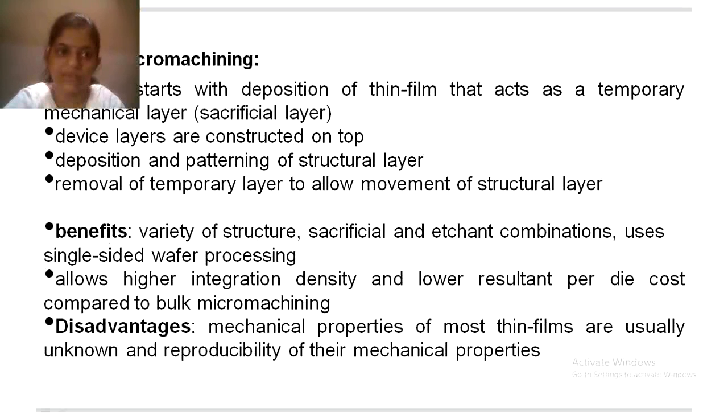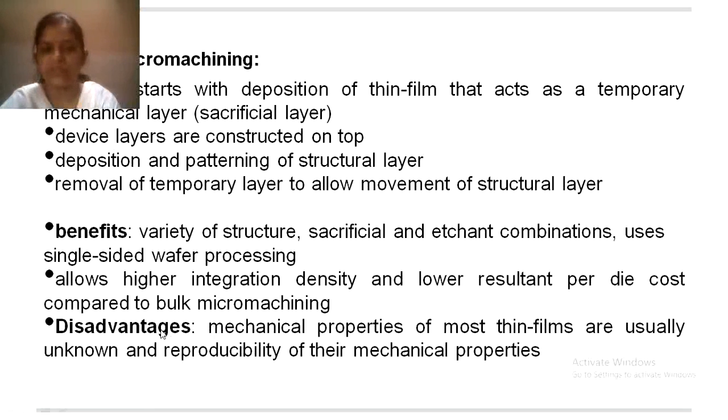What are the benefits of this? A variety of structures we can form. Sacrificial and etchant combinations we can use for single-sided processing. It also allows higher integration density and lower resultant per-die cost compared to bulk micromachining.